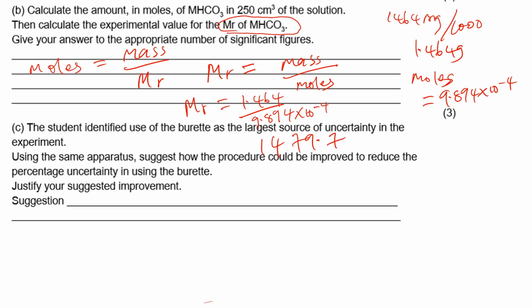You have to give an answer to the appropriate number of significant figures, so you can approximate this to be 1480. That is the value of the relative molecular mass of MHCO3. I hope that makes sense.